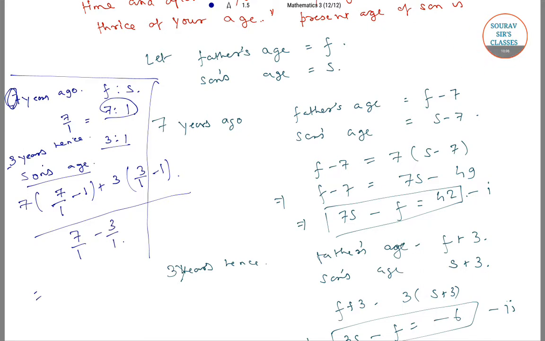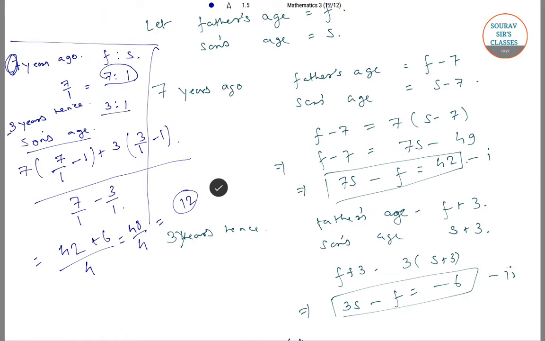This is equal to 7 into 6, which is 42, plus 3 into 2, which is 6, divided by 7 minus 3, which is 4. So it is 48 divided by 4, which is equal to 12.